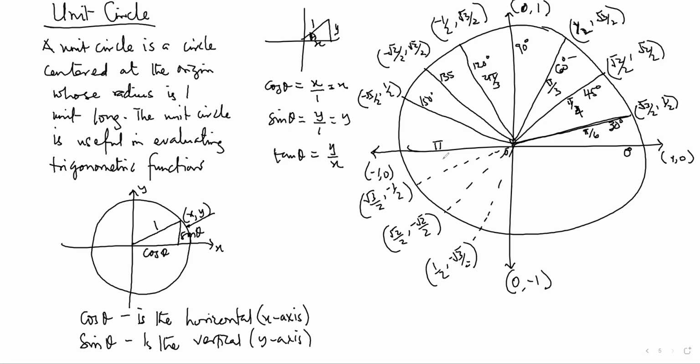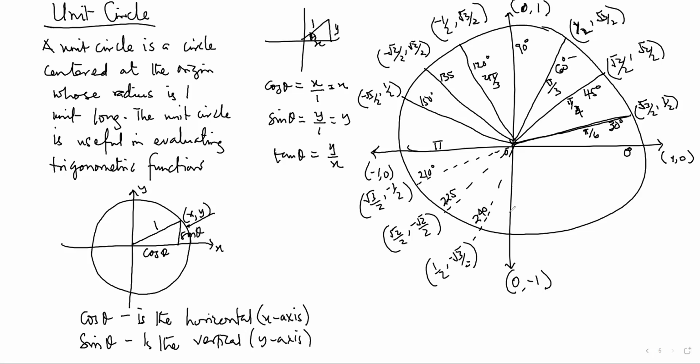And from 180, you add 30. If you add 30 to 180, you're supposed to get 210. Then 210, you add 15, you get 225. 225, when you add 15, you get to 240.